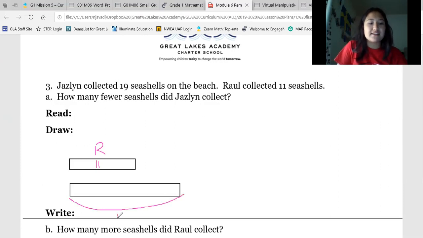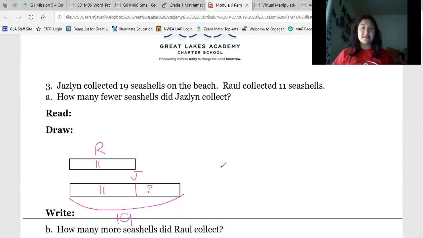So this whole thing is 19. Now we know that from here to here on Jaslyn's tape diagram, this is also 11. We're going to label it J for Jaslyn. So now we need to find this missing part right here.